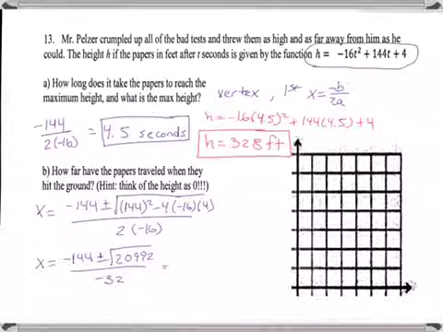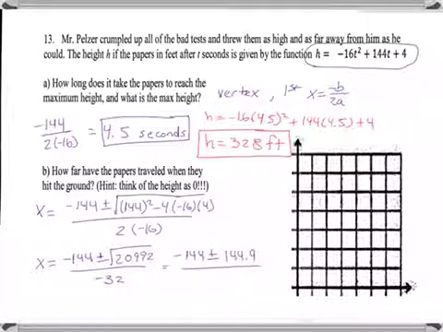Then we can find this. We find out that the square root of 20,992 is 144 point, let's say 0.9. So we've got negative 144 plus or minus 144.9 over negative 32. We'll create our two equations.